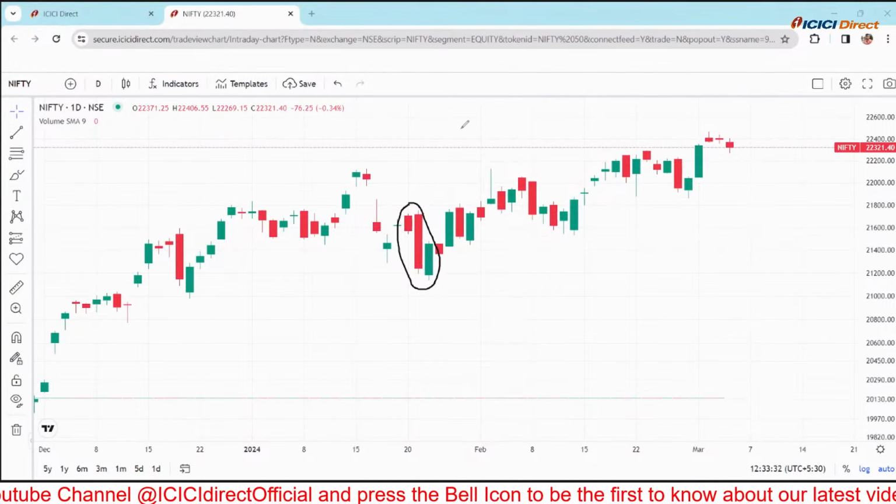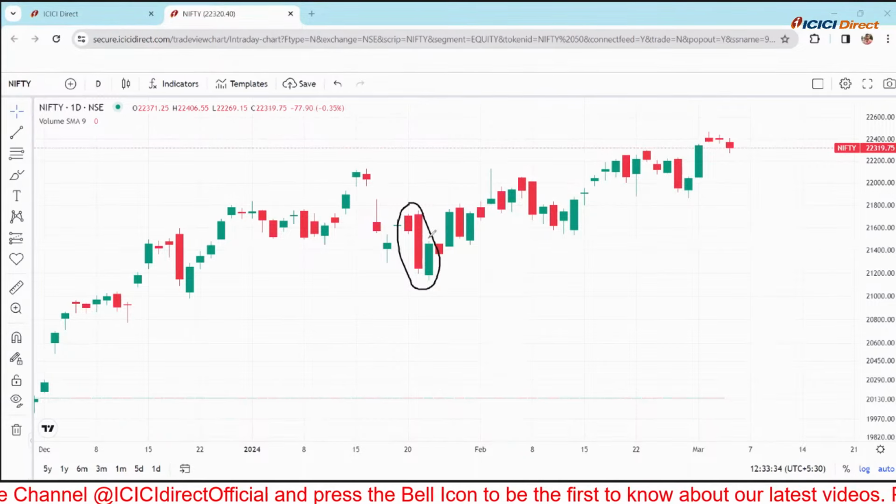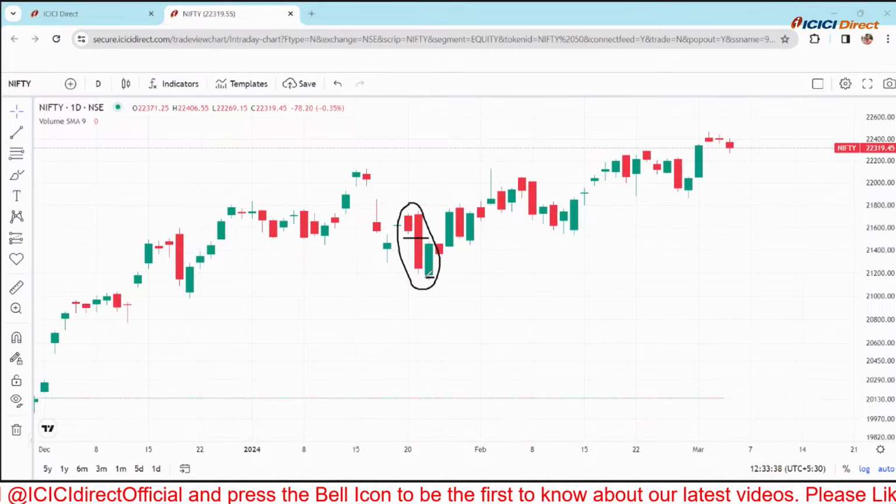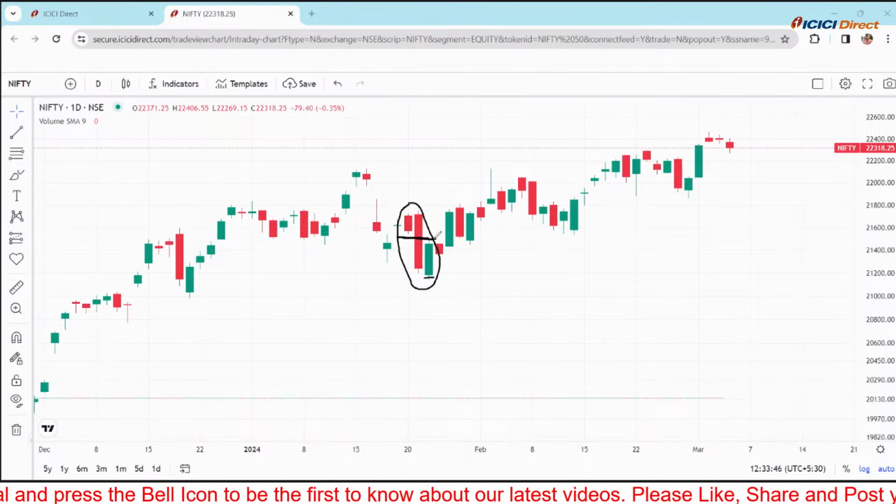No, right? Why? Because the midpoint would be somewhere here for this candle. And this candle, though it has opened below the close of the previous candle and moved up, has almost failed to move above this midpoint. So we will not consider it a piercing one, and it has not occurred after a significant downtrend.